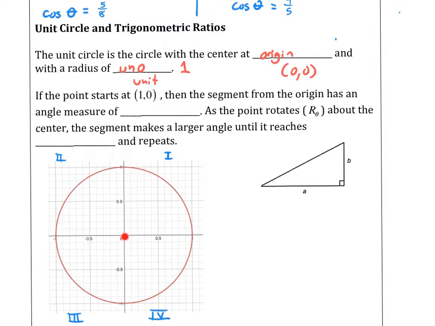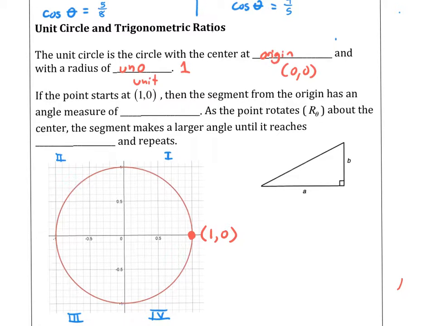So the radius from here to any point on the circle is 1. So all the spokes of that wheel, each of them would be 1 unit. So if the point starts here, this is our initial point right here. So that point is 1, 0.